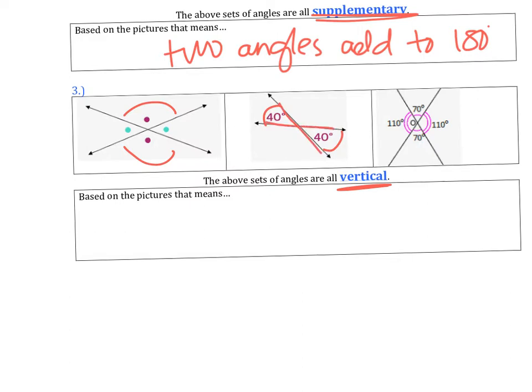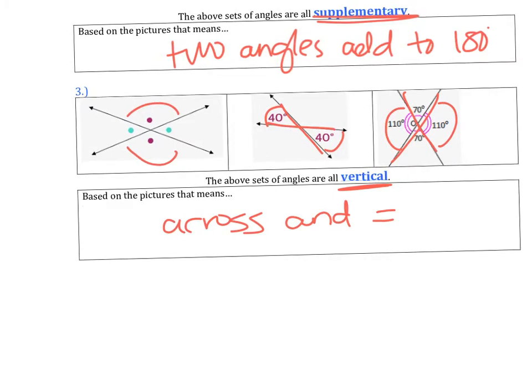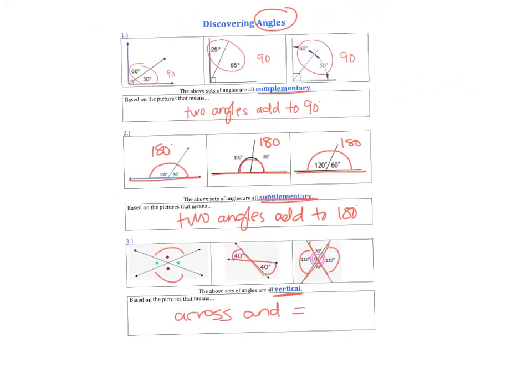They make an X. So see how when I make an X, I marked this one 110, so that one's 110. So vertical angles are across each other and they're equal. Okay, so we're going to use those three properties to answer some questions.